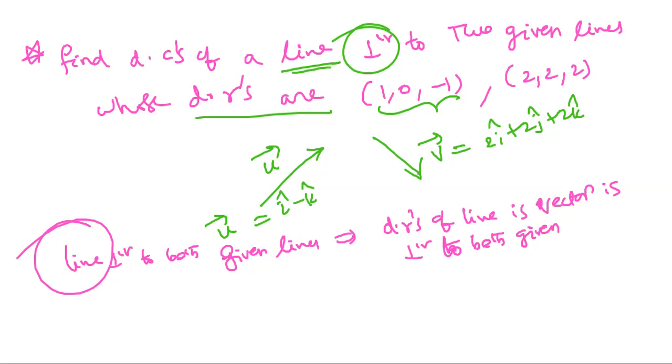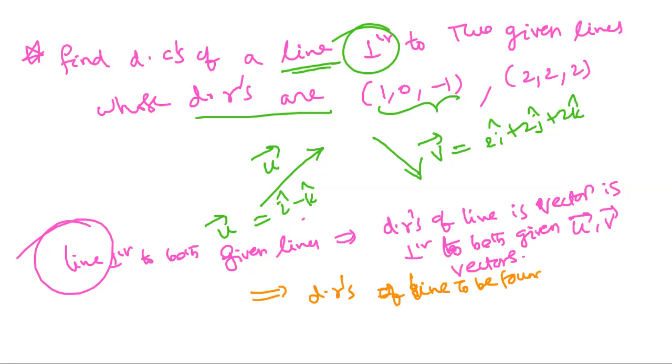The given lines are given vectors because these vectors are nothing but the DRs of the lines. So given u bar, v bar vectors, if you recollect, how can a vector be perpendicular to both the given vectors? That vector must be parallel to u cross v. So the DRs of the line to be found must be u cross v.